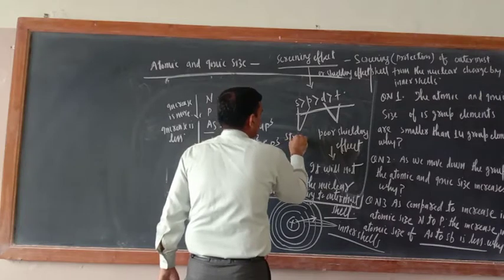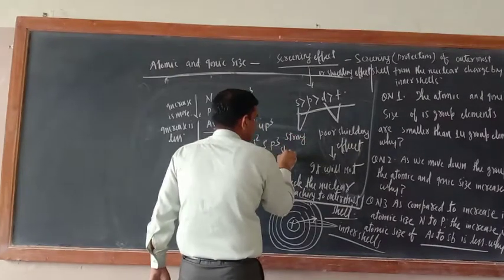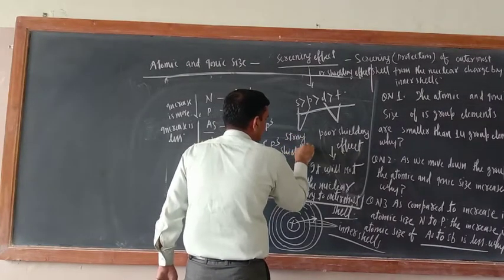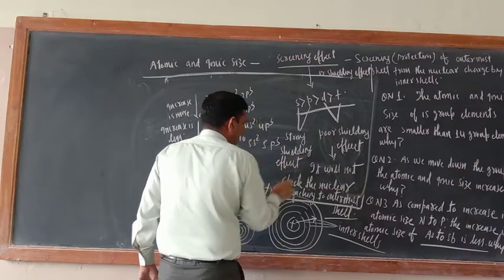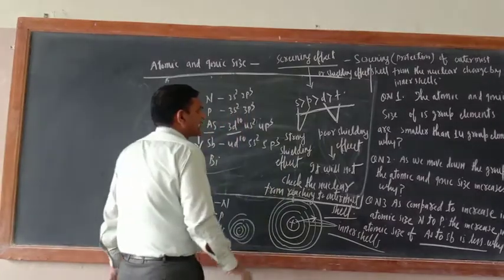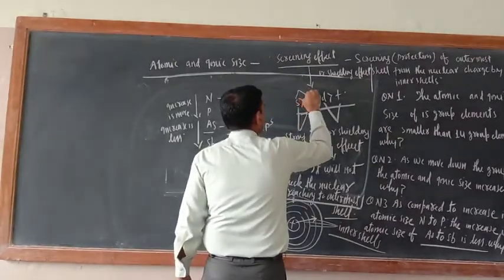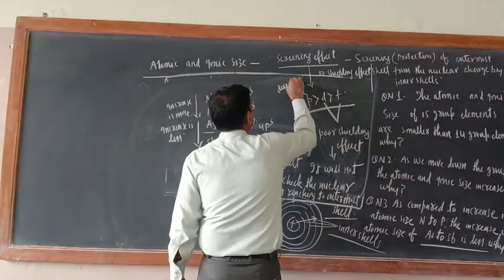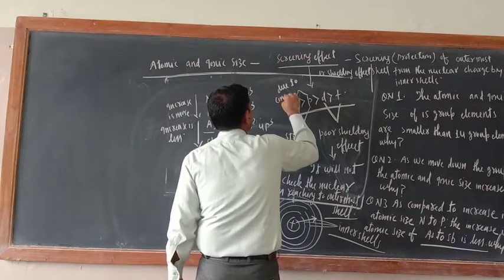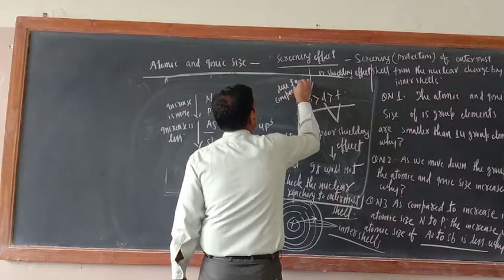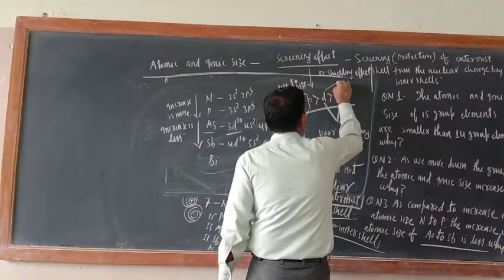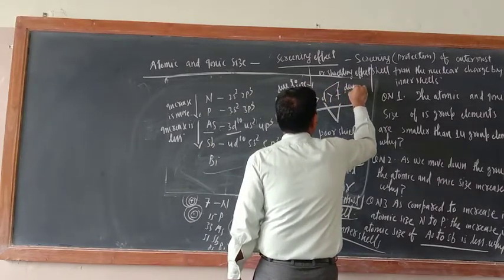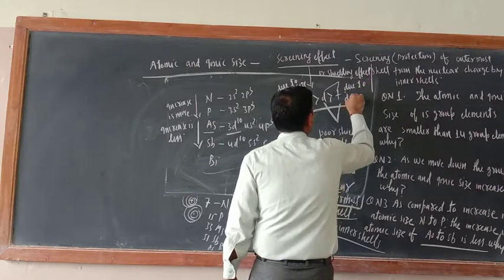Strong shielding effect. Why strong shielding effect? Due to compact shape. Why poor shielding effect? Due to diffused shape.